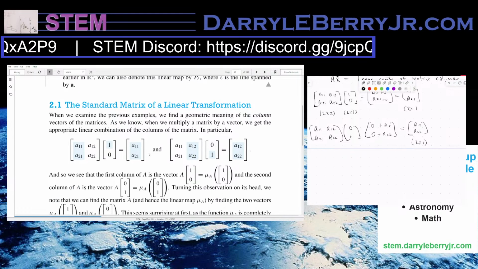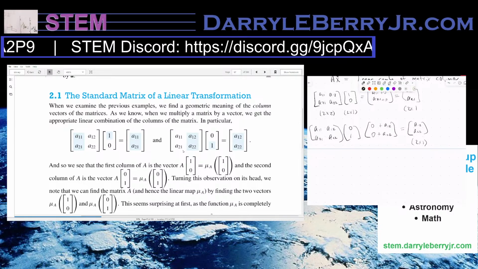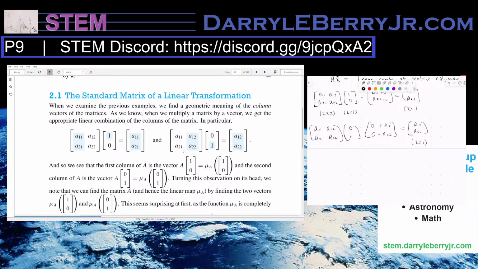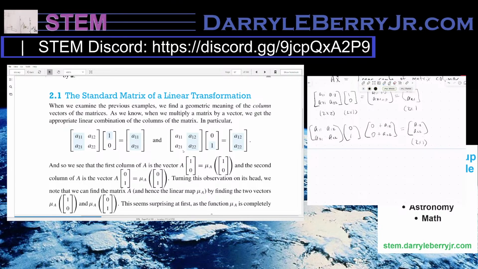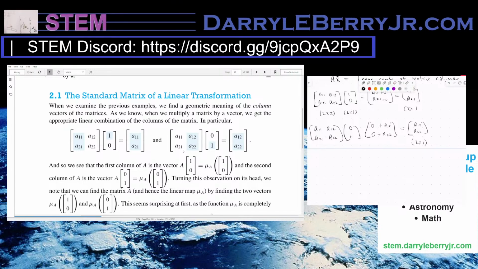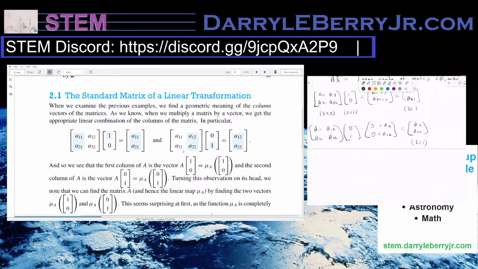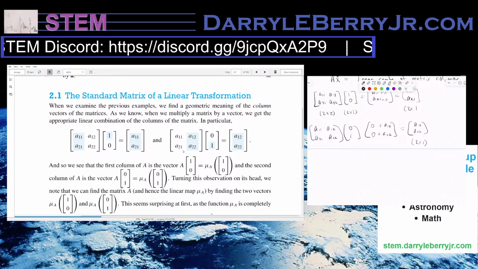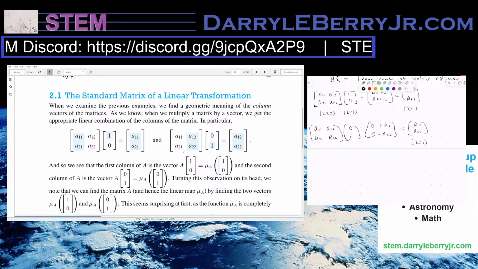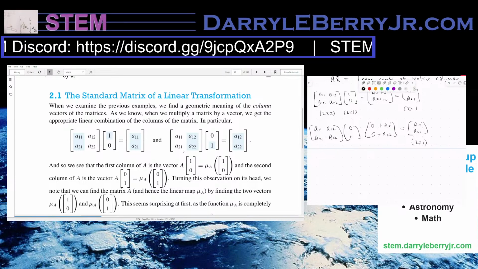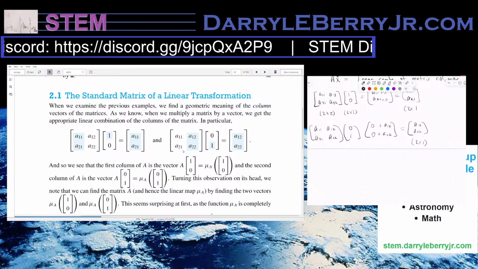So we can see that the first column of A is the vector A1. Think about this. Oh, I see. The first column of the matrix A is that vector times the entire matrix A. That's just the first column of matrix A, okay?